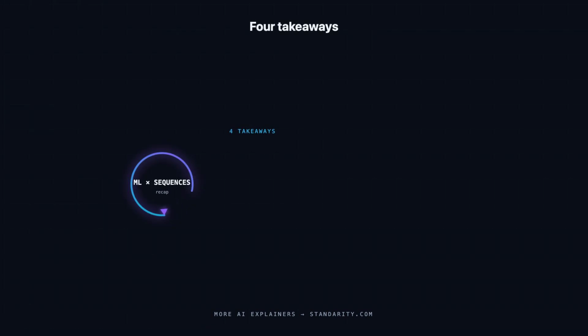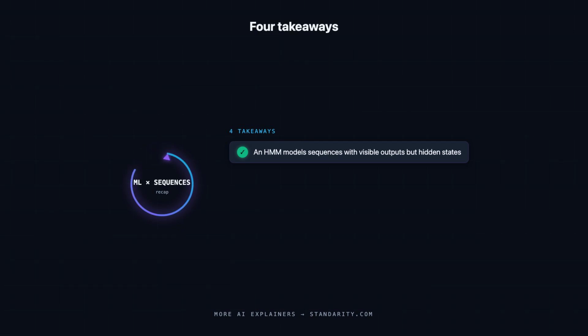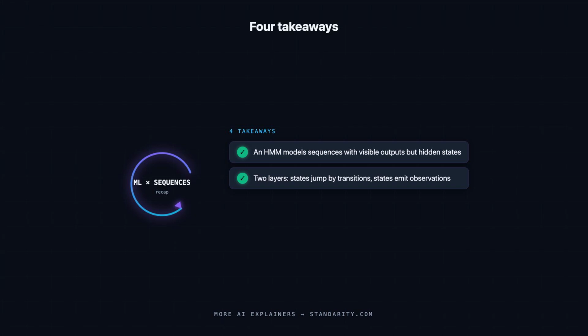Alright, four takeaways to lock in. A hidden Markov model describes sequences where you observe the outputs but the states generating them stay hidden. It has two layers, hidden states that jump by transition probabilities, and visible observations each state emits by emission probabilities.